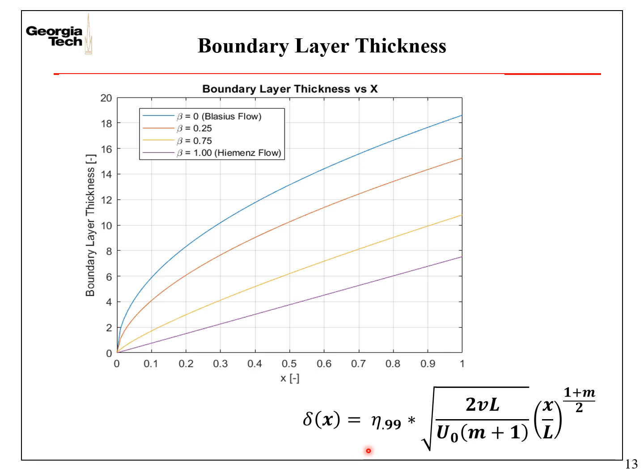So for each of these flows, we have to find what eta achieves a similarity velocity of 0.99, and we plug it into this evaluation. We have our nu and u naught defined on our previous slide, and L as well, which is 1. We see that the boundary layer thickness grows faster for the Blasius case, and as our wedge size increases, our boundary layer thickness decreases more and more. So that's one observation we can make.